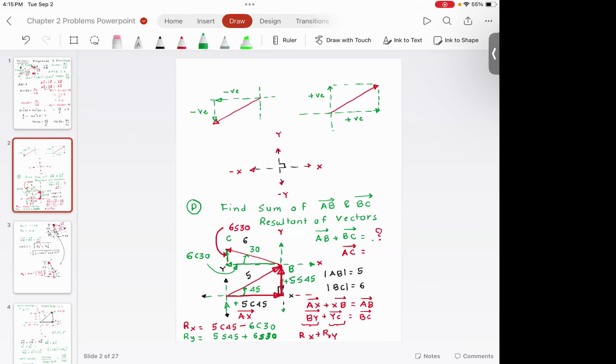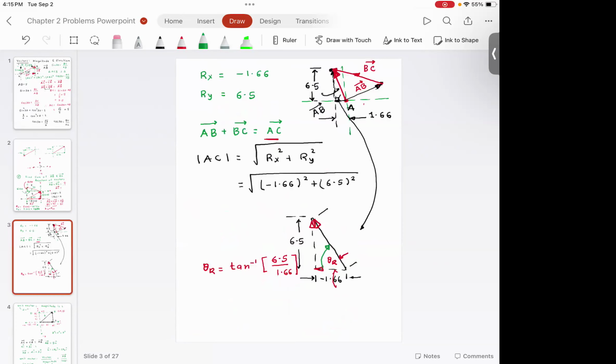If you want to represent this as a vector sum, then you need to multiply these magnitudes by the respective unit vector. What is the unit vector about x? i. What is the unit vector about y? j. So your final resultant is going to be as shown over here.